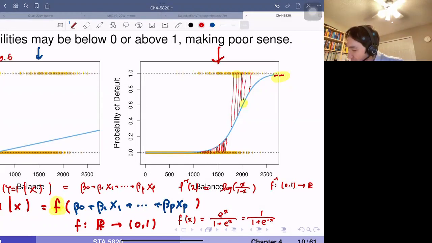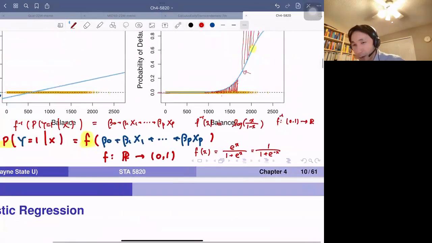But the shape of the residual plot is totally determined by this blue line, because all dots are on y equal to 1 and y equal to 0. So once we determine the fitted curve, the residual plot is just the difference between 1 and this curve and 0 and this curve. So the residual plot has almost the same shape for all data.